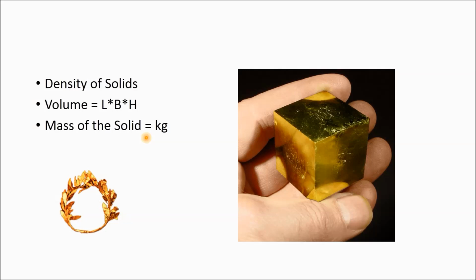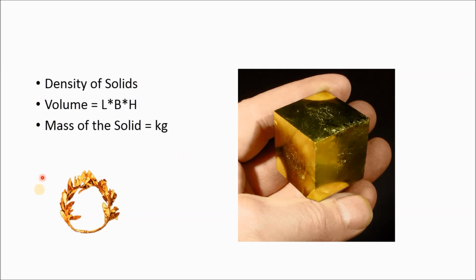But the problem is, if it is a regular shape, suppose a gold block, I can measure length, breadth and height, and by that I can get the volume. Then I can easily weigh it and get some kilograms. Measuring the value is very easy for regular or square things.